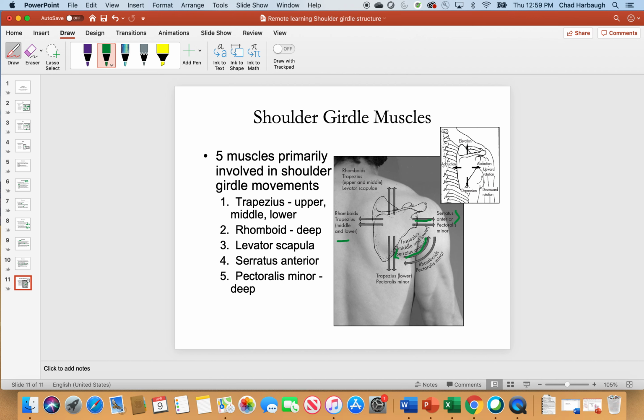Weakness in serratus anterior usually causes a winging of the scapula, and a winging of the scapula means that the medial border is rotating away from the surface of the upper back. So that's usually associated with the serratus anterior.